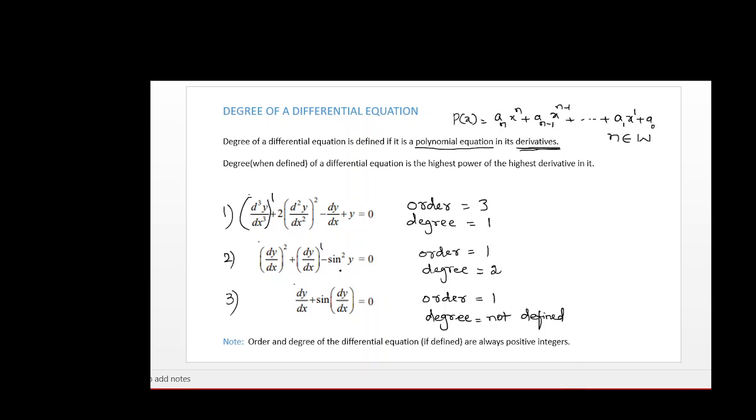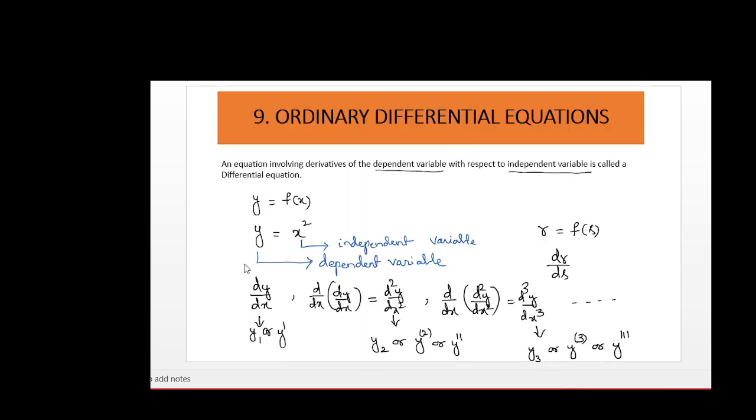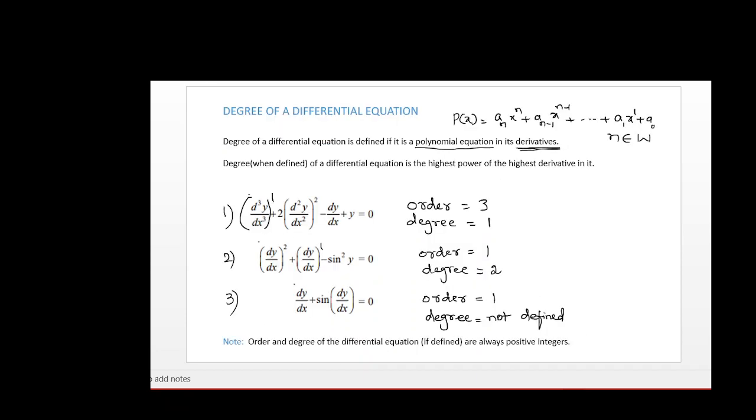So, you can ask a doubt here. Even the second equation also contains sin^2 y, no? Why is the degree defined? Just go back to the definition. The definition says that it should be a polynomial equation in its derivatives.